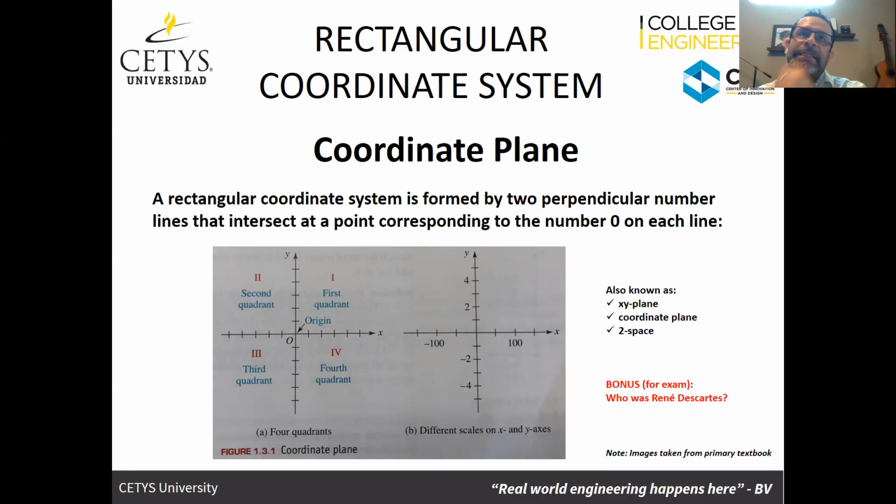So in the exam, there's going to be a section where I'm going to ask you who was René Descartes, and you're going to write a brief bio, but you cannot copy paste it. You're going to have to write it, and memorize a few points. And if it's well and clearly written, then I'm going to give you some bonus points on the exam.